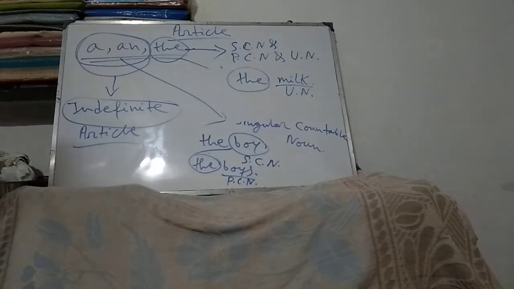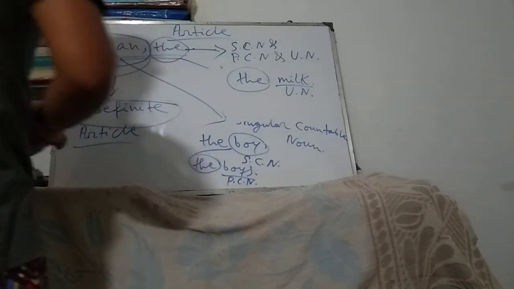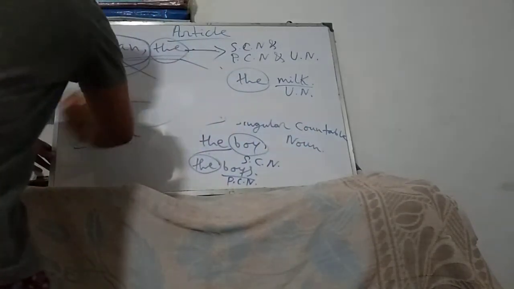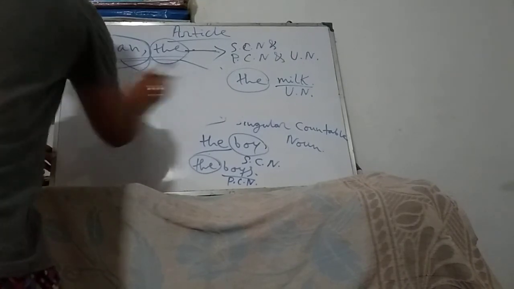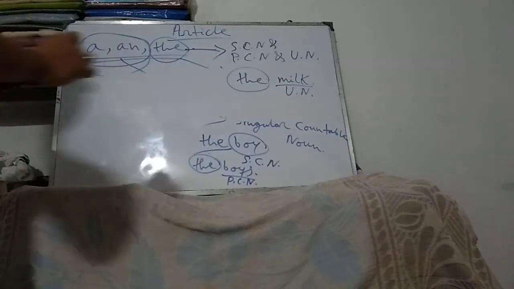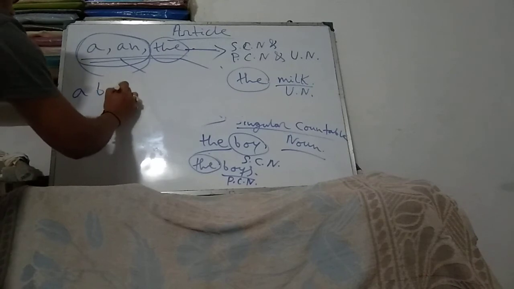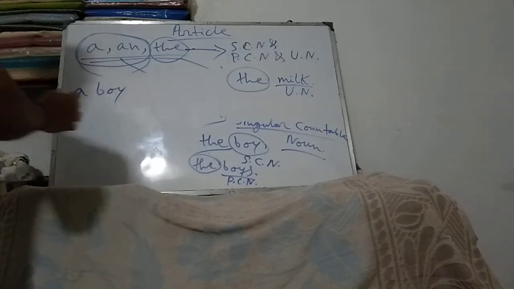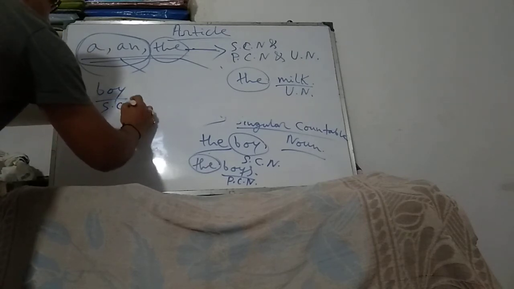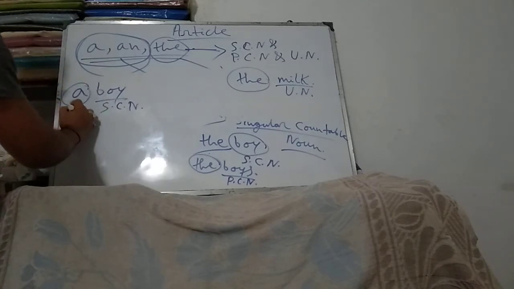But indefinite article is always used before a singular countable noun. Indefinite article, that means a or an, is always used before a singular countable noun. For example, a boy. Boy is singular countable noun. A is used as article.